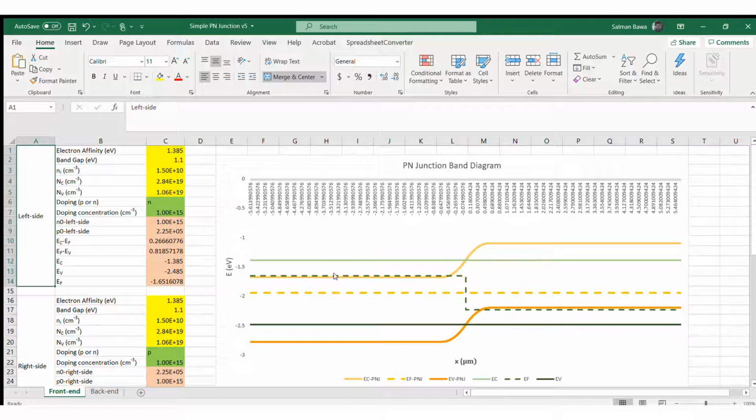So for the left-hand side, it's N-type, so the E sub F is closer to E sub C, and the right side is P-type, so E sub F is closer to the valence band. So the green lines show the N-type and the P-type, or the left side and the right side, before the formation of the junction.